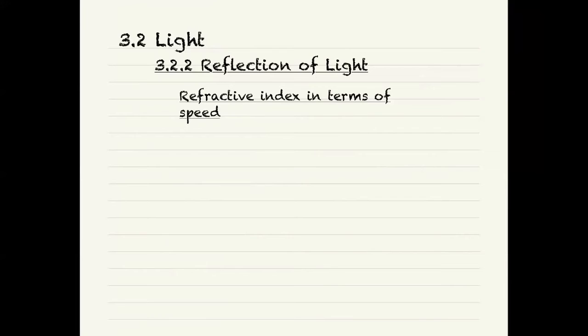For the refractive index, there are three formulas. One of the formulas is n equal to c over v. c is speed of light in vacuum.